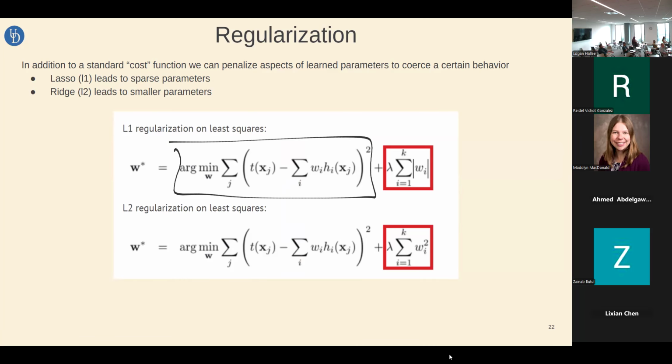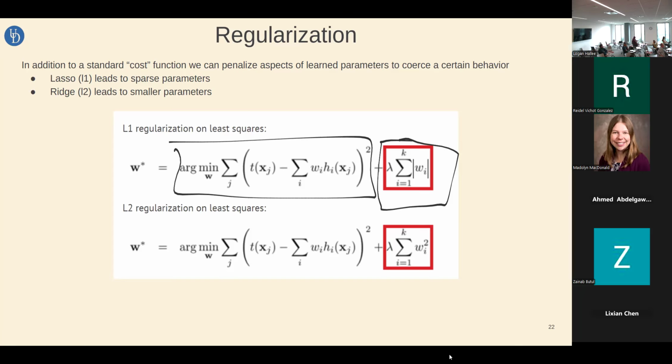So let's say we also want to minimize the absolute value of the parameters we're finding. That's this operation right here, multiplied by some lambda, which is what's called a hyperparameter. A hyperparameter is something that the user has to choose. We're not going to find it through an optimization scheme. You have to choose it as the designer of the algorithm. That can make them difficult to choose. There are some strategies we can talk about.